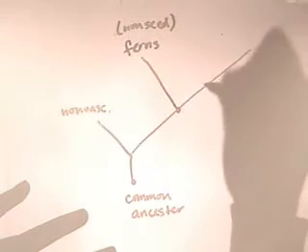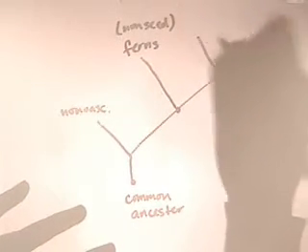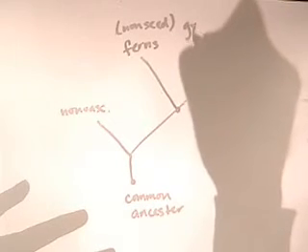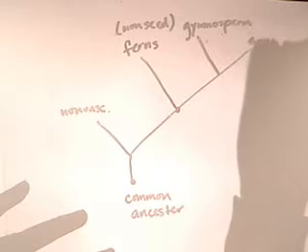So right here, the first vascular plant would form. These are going to be your ferns. They are non-seed plants. Further up the line, you're going to have another dichotomy where you have your gymnosperms and your angiosperms.